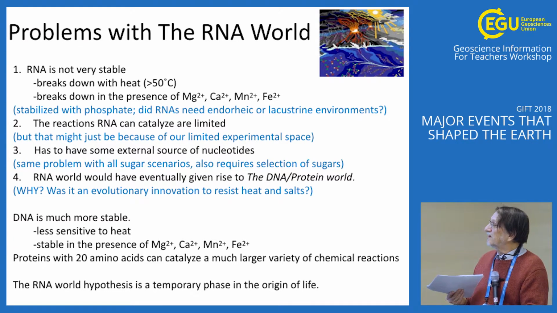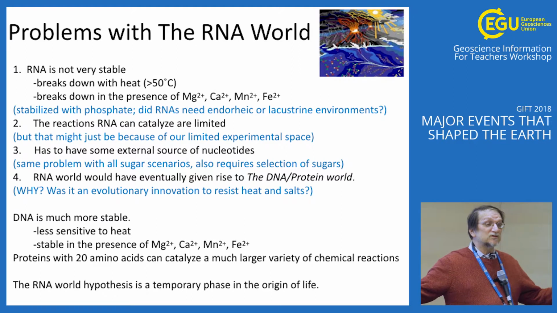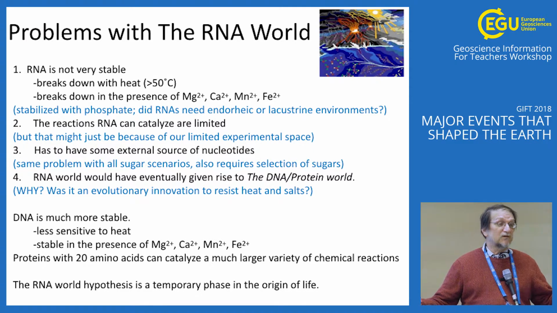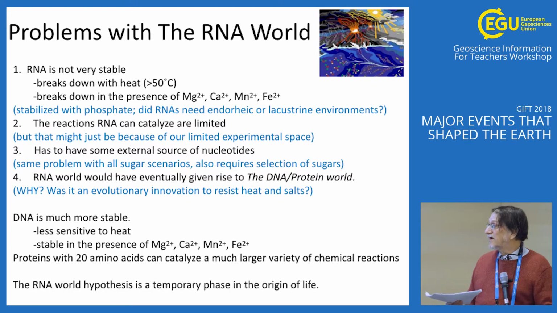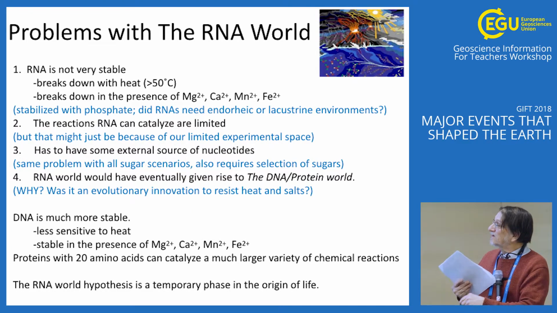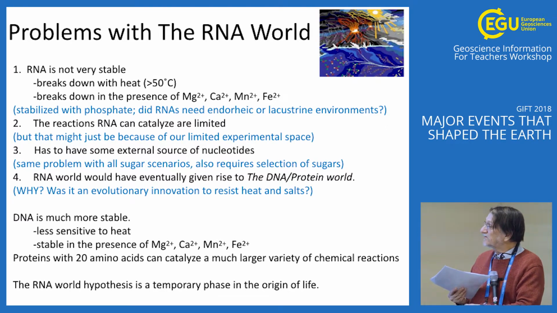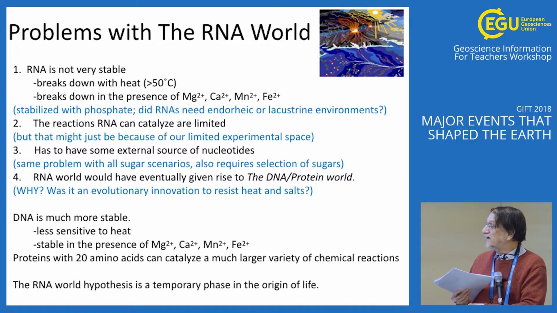And so that has the same problem with all the sugars, and there have to be some selective sugars. That's another question. On Earth, why do we prefer what are called the D sugars over the L sugars? That's a precondition for life. It's like the L amino acids being preferred over the D amino acids. And so this, if it existed, was a short-term phenomenon and eventually gave rise to the molecule that we know and love as life, and that's DNA.